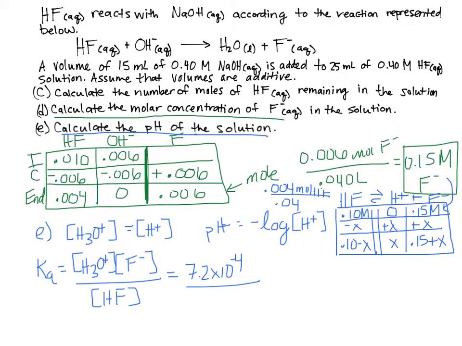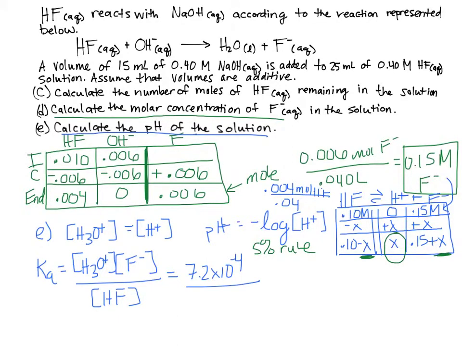Now, looking at my K value, I realize that my minus X and my plus X are probably going to be really, really small numbers. In fact, they're probably going to obey the 5% rule, which means I get to ignore them. Now, I can't ignore this X because that's our goal.